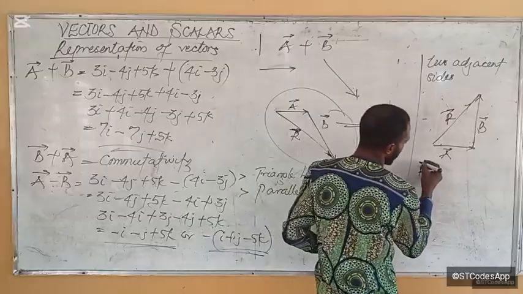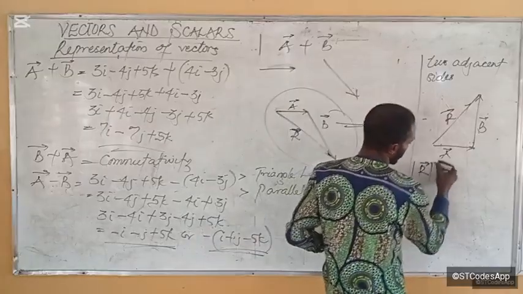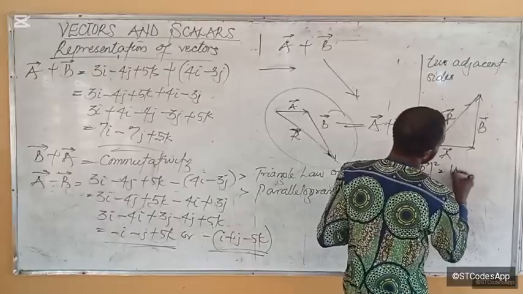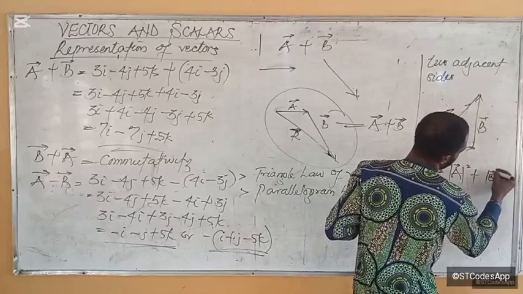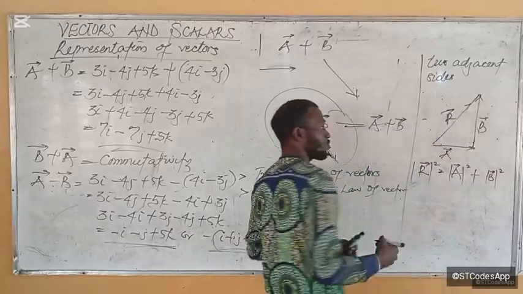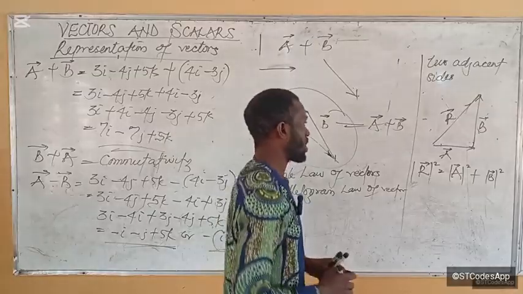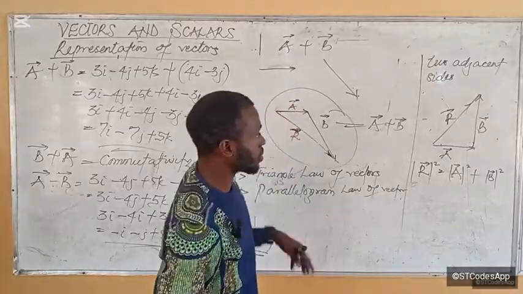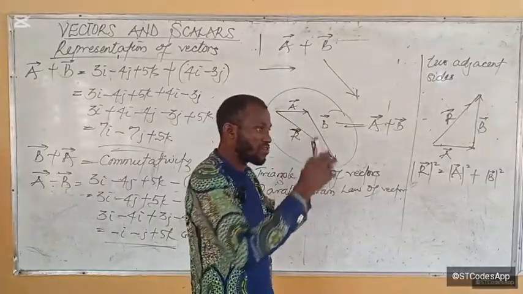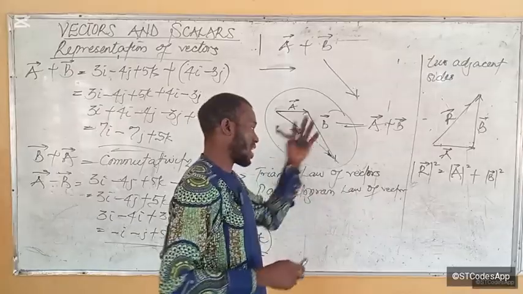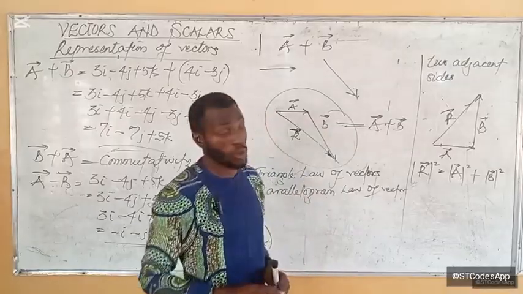That hypotenuse that joins them. This is the triangle of vectors. It works for a right angle triangle. So you see that you set up the system such that it forms a right angle triangle. But what about a case where it doesn't form a right angle triangle? We are going to see that in the parallelogram law of vectors.